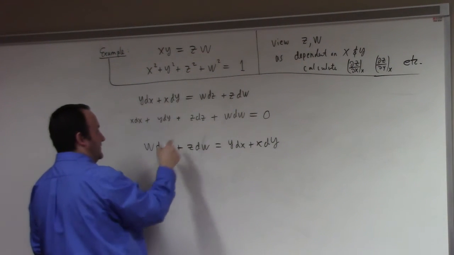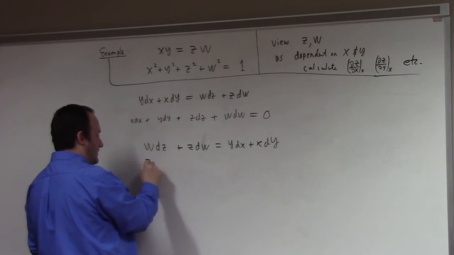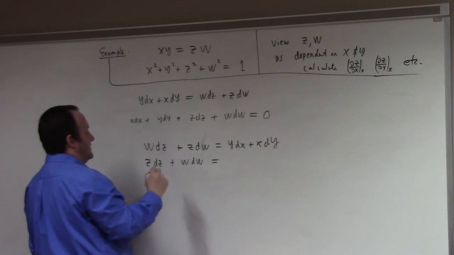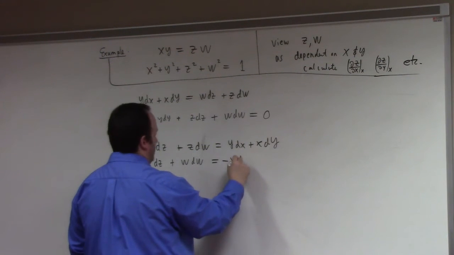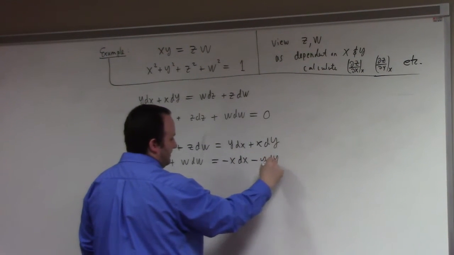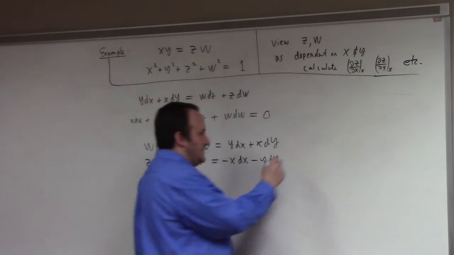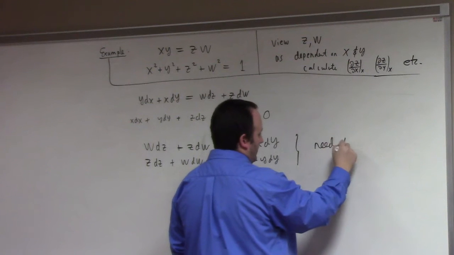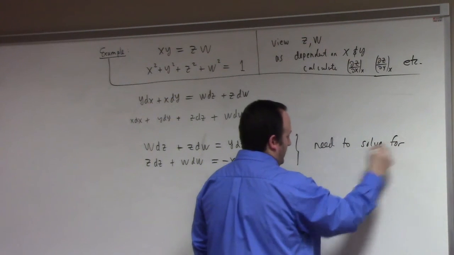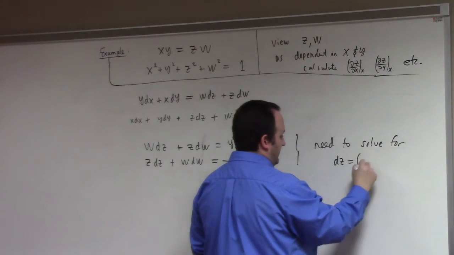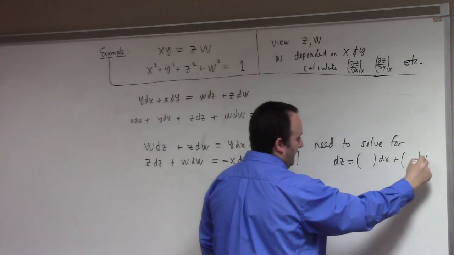And if I solve, this gives me z dz plus w dw equal to minus x dx minus y dy. So what I need to do is solve for dz equal to stuff like that.